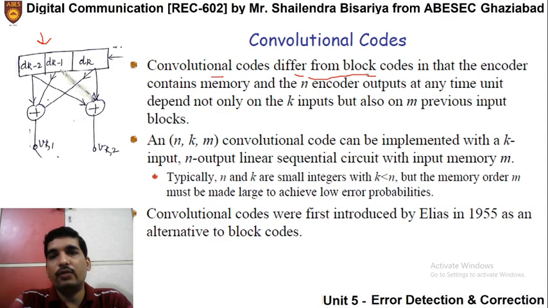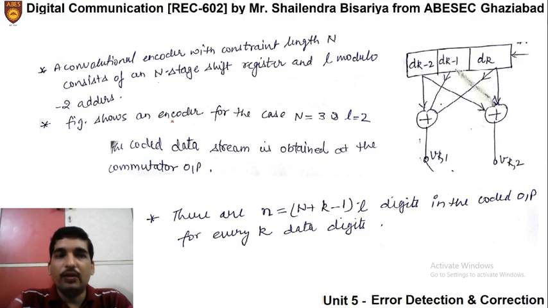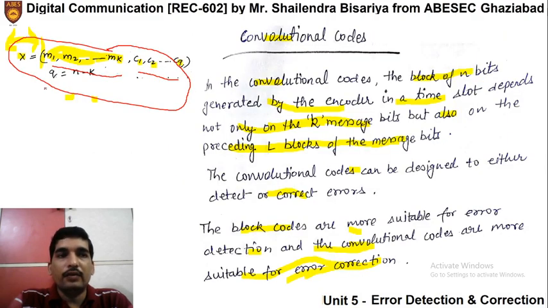Convolution code differ from block codes in the order that the encoder contains memory, right? And the n encoder output at any time unit depends not only on the k input bits but also on the m previous input bits, right? If we talk about this linear block code, here present message bits and corresponding check bits were only there.